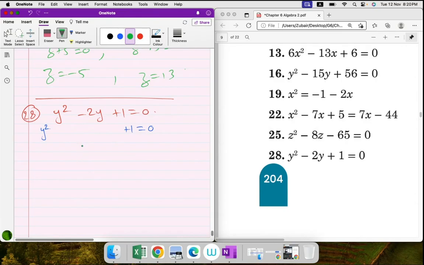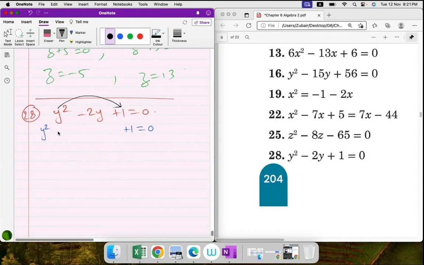Is it 2 and 1? Ali, see, 2 and 1, whenever you add them or subtract them, we will not get 2. If you do minus, right? So in case of multiplication, you need to get 1.